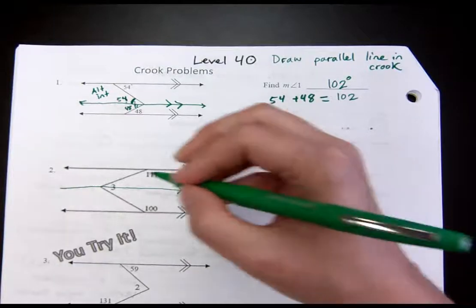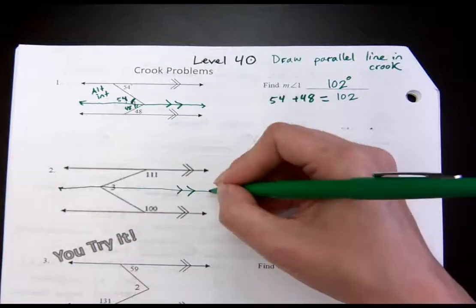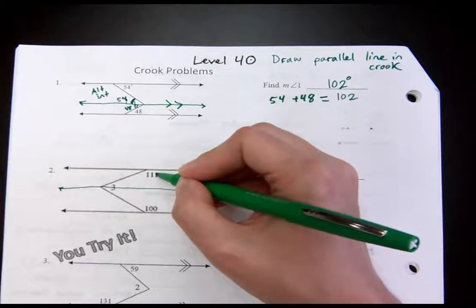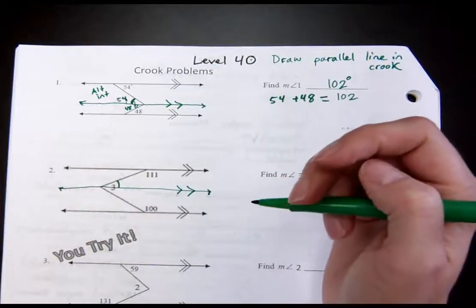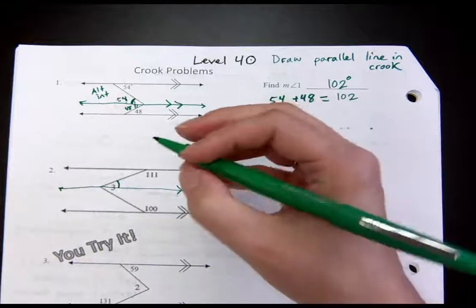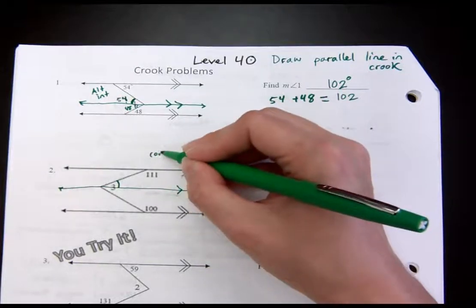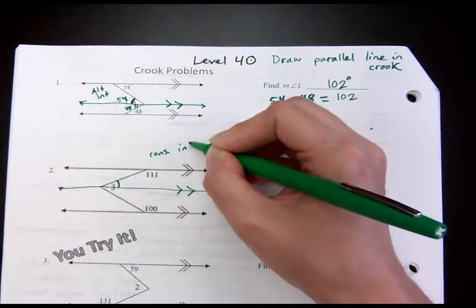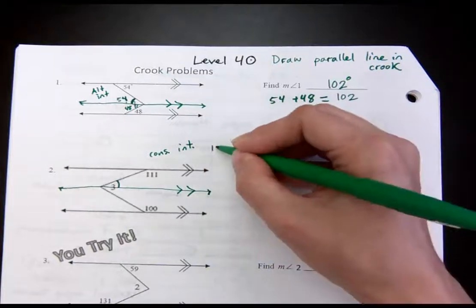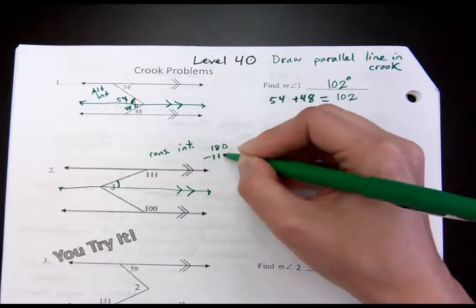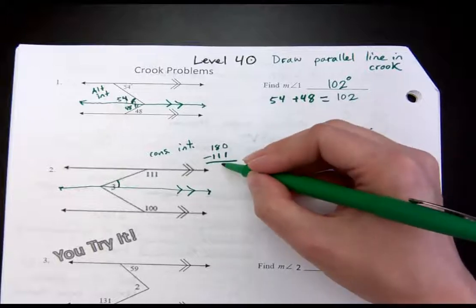Okay, so this time, what type of angles would these be from 111 to this side of angle 3? Those are consecutive interior. And so are those congruent or supplementary? Supplementary. So we have to do 180 minus 111. What does that give us?